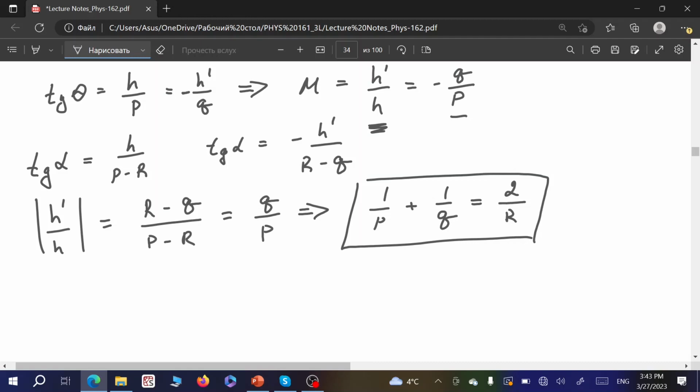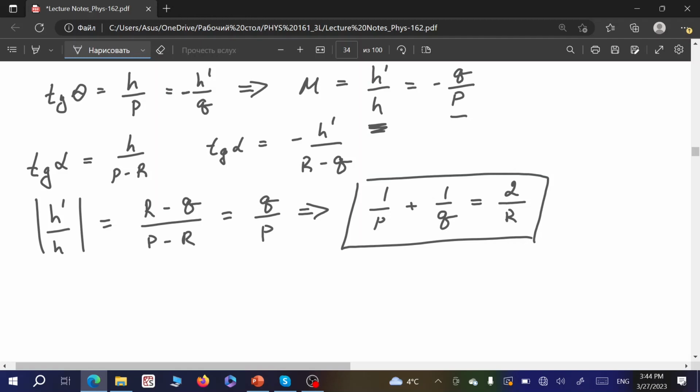We will analyze it in more detail next time, and eventually we'll write a more generalized form for this equation, which will be applicable not only for spherical mirrors, but for lenses also. But at this point, we stop with this equation. So we have three parameters: the position of the object with respect to the mirror, the position of the image, and the radius of the curvature for the mirror.